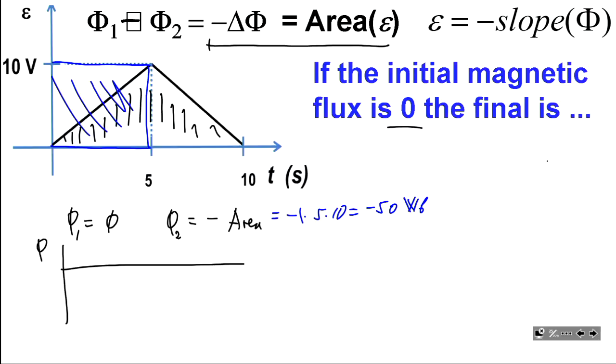Well, at first the slope should be negative because EMF is positive, up to this point, up to 5 seconds, and then the slope should become positive. So this is negative, so positive. How do I draw it?